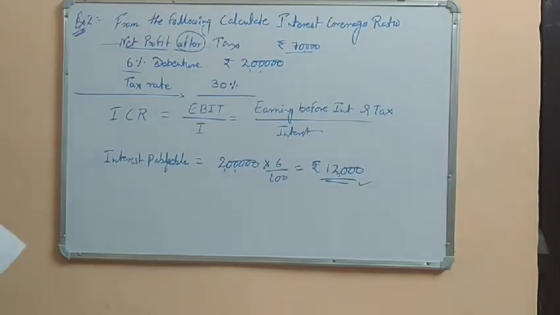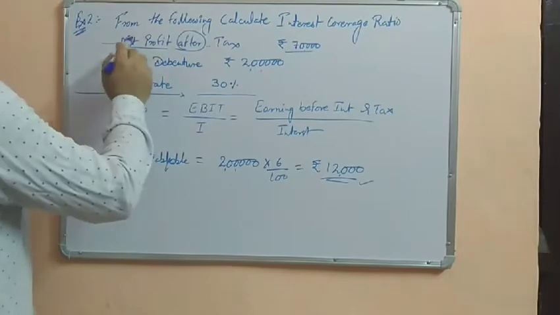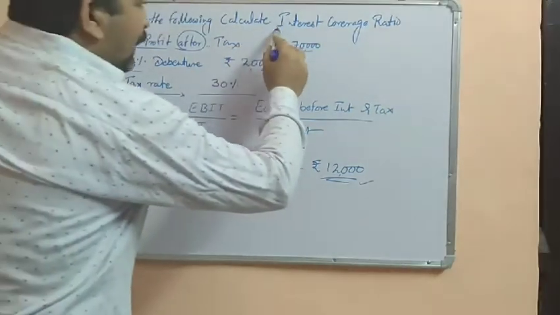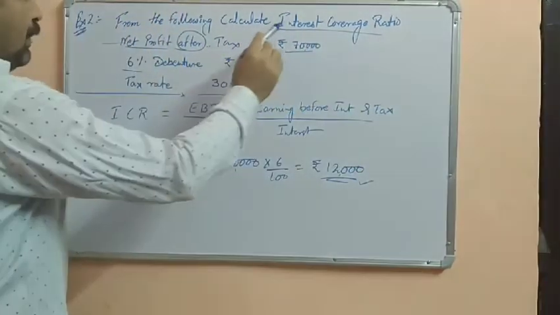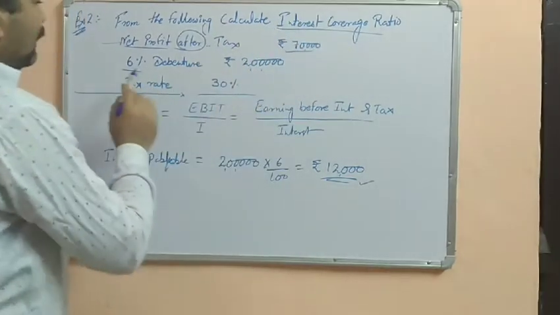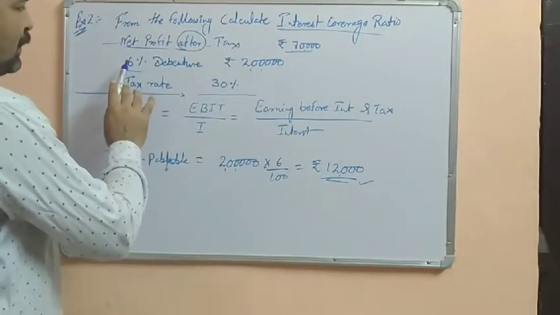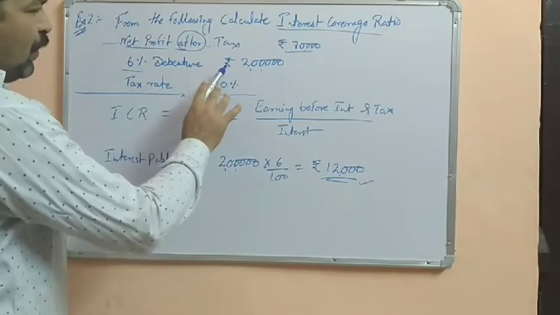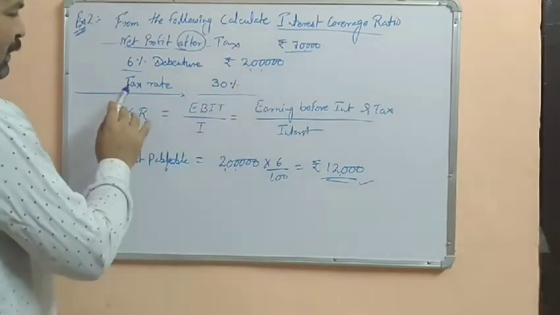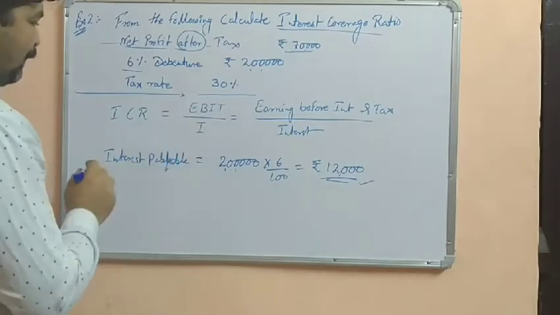Let us take one more example. This is example number 2 to understand how we will calculate interest coverage ratio. From the following information, calculate interest coverage ratio. Net profit after tax is given, 70,000. 6% debenture of rupees 2 lakh and tax rate is 30%.